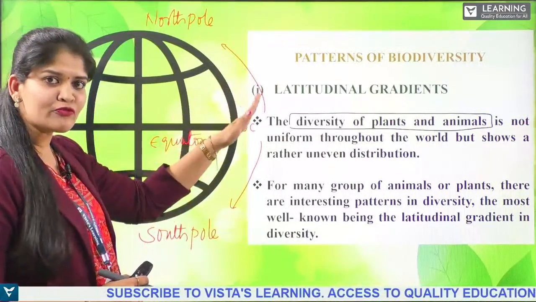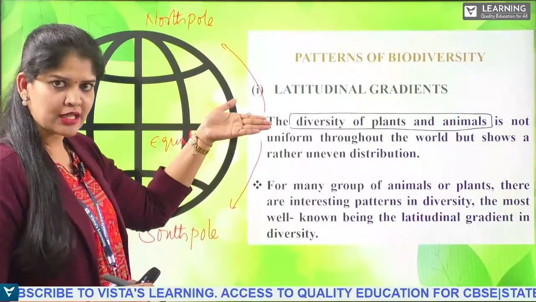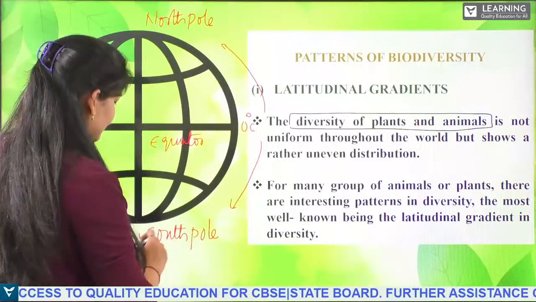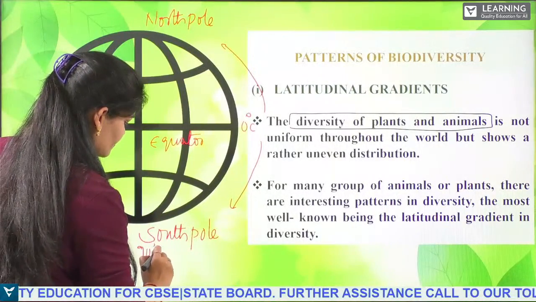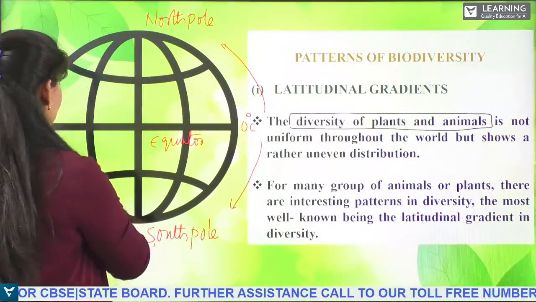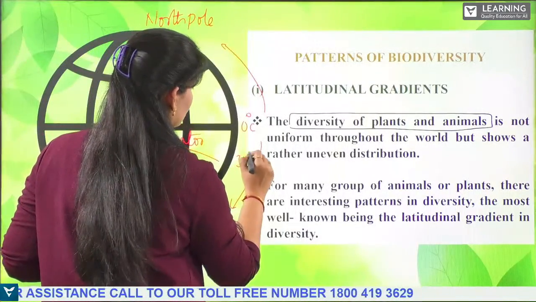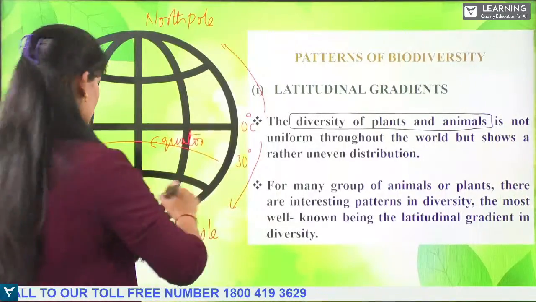When we move towards either of the poles, the South Pole or the North Pole, we get 90 degrees. These are all poles.